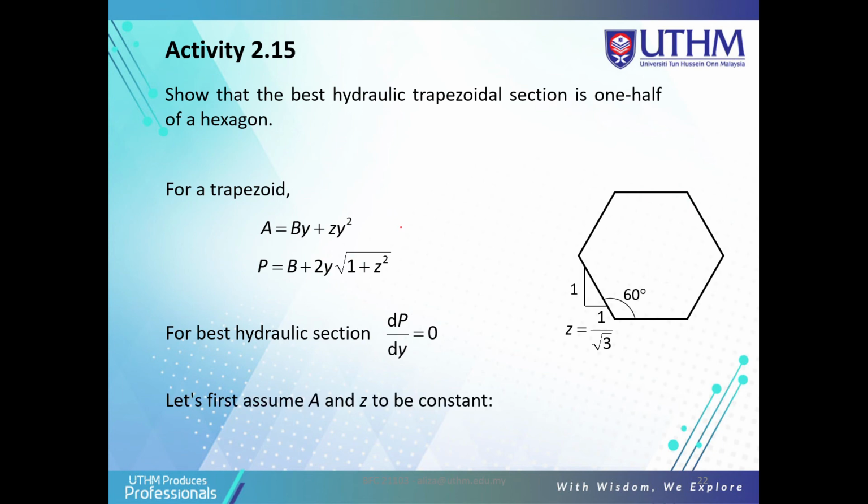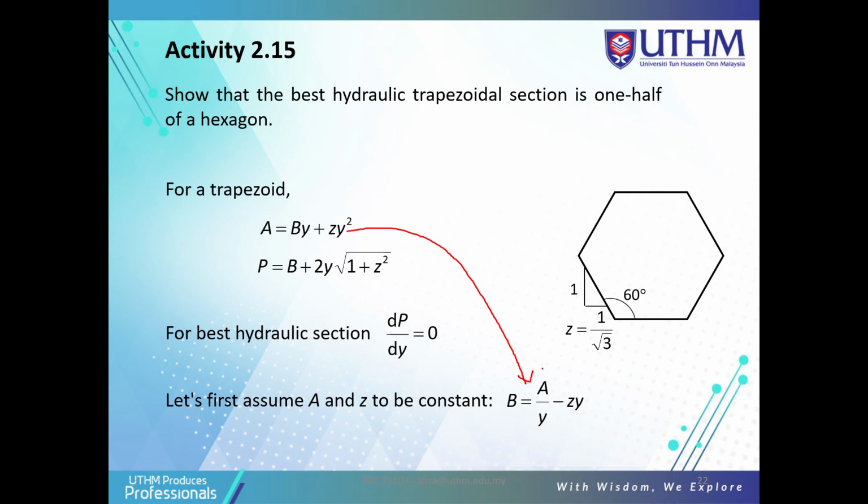Let's first assume A and Z to be constant, so from this equation you can change to this equation in terms of A and Y, because we want to assume that A and Z are constant in terms of Y.